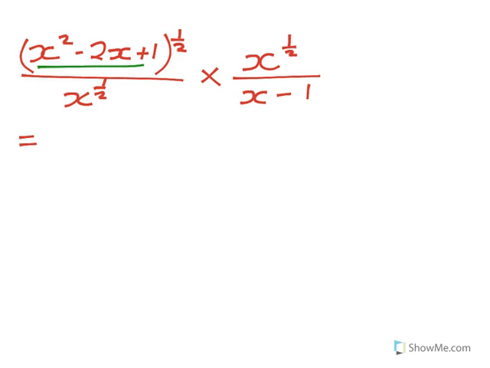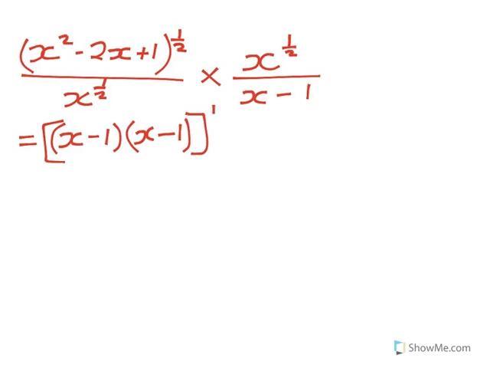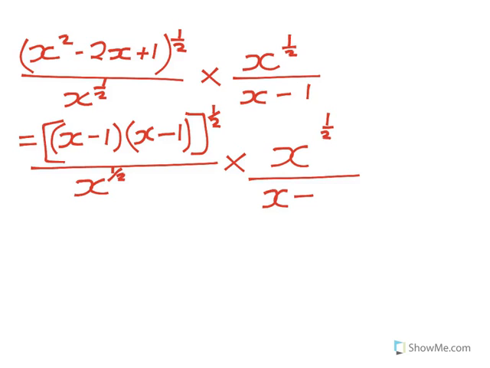part, you can factorize. It's a trinomial, and when you factorize it, you are going to simply get x minus 1, x minus 1, remember this is to the power half, all over x to the power half, times x to the power half over x minus 1.